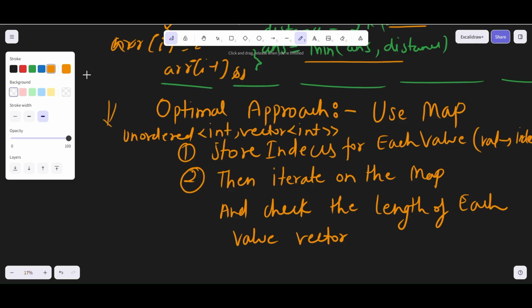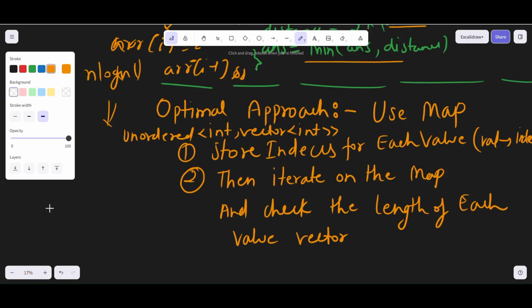For this solution the time complexity is n log n, because we are sorting the array. We can further optimize the solution using an unordered map.